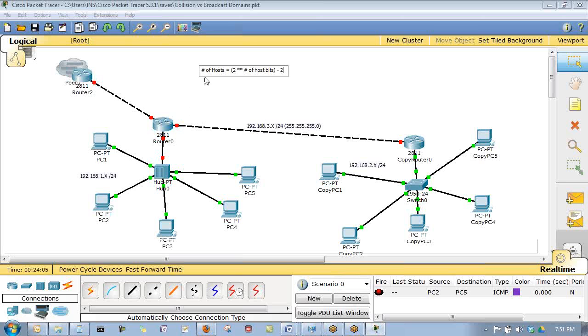All right, guys. So the number of bits that I need is going to be based on 2, and if you remember, asterisk asterisk means raised to the power of the number of host bits, minus 2.